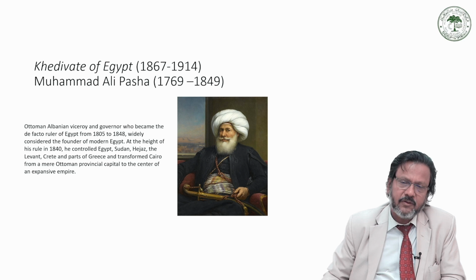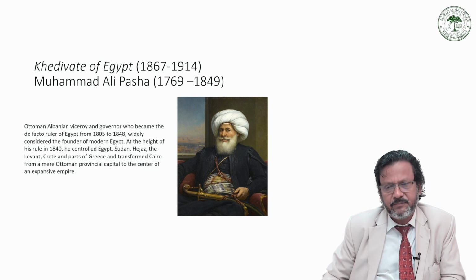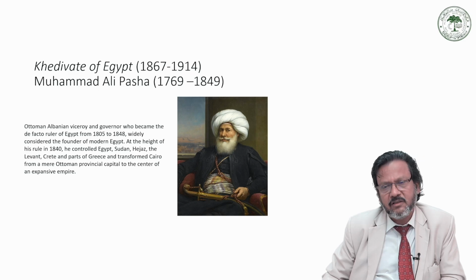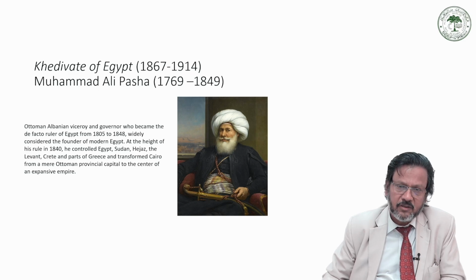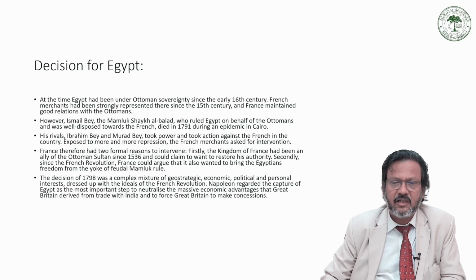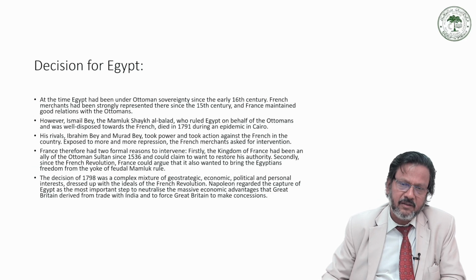So it was Muhammad Ali Pasha's vision and his reforms that kick-started the phase of reforms, Renaissance in the East, at home. In addition to the colonial player, that was the French, and at a later stage, it was the British.